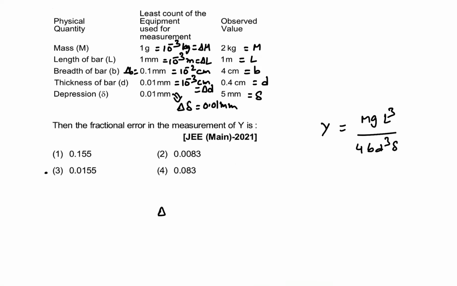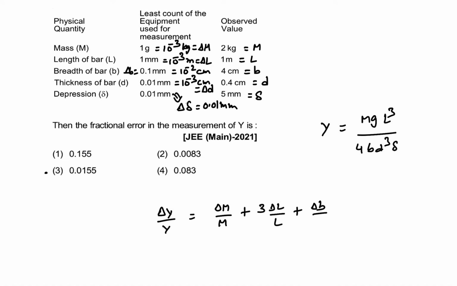You can use the relation y is equal to m g L cube divided by 4 b d cube delta. If you write delta y divided by y, the fractional error is what they are asking.